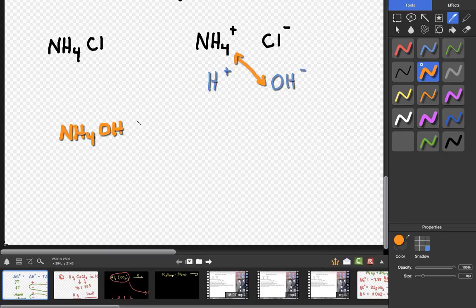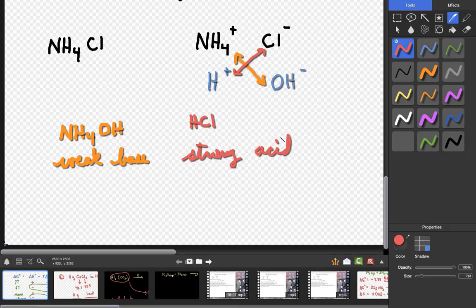Now we can use some criteria and determine that this is a weak base. And of course, H plus and Cl minus is HCl. And of course, we can use some criteria to show that this is a strong acid.